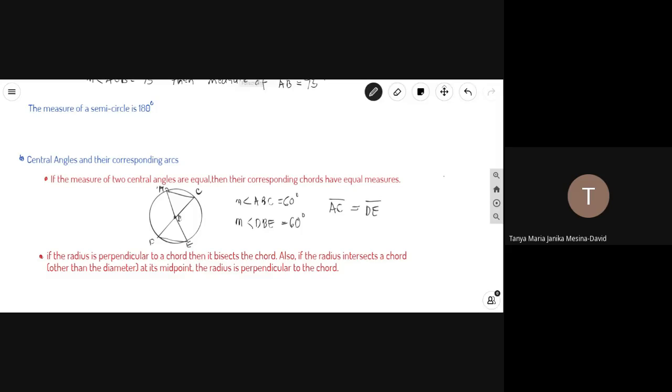Since both of them are 60 degrees, hence AC and DE are equal.